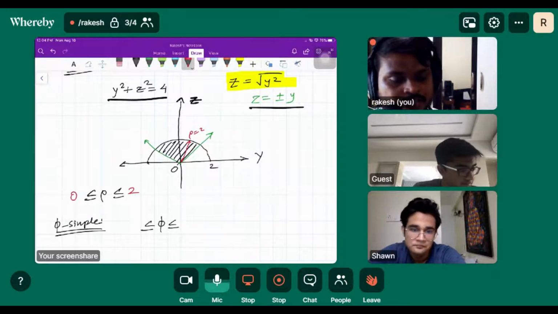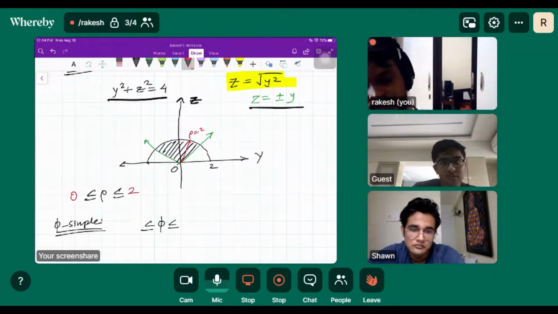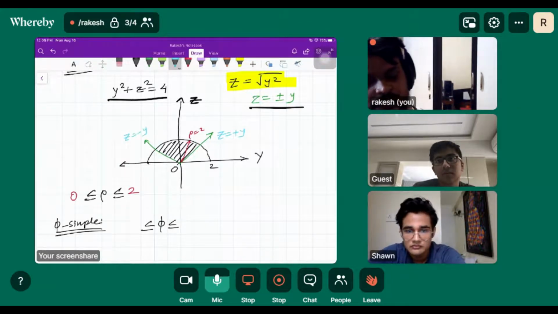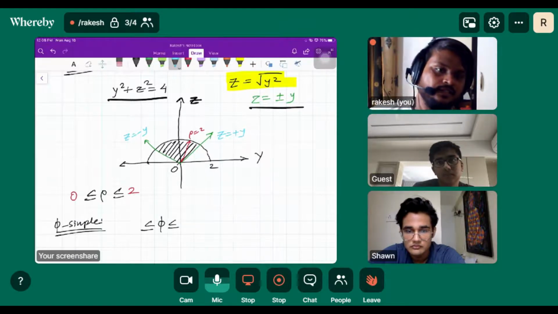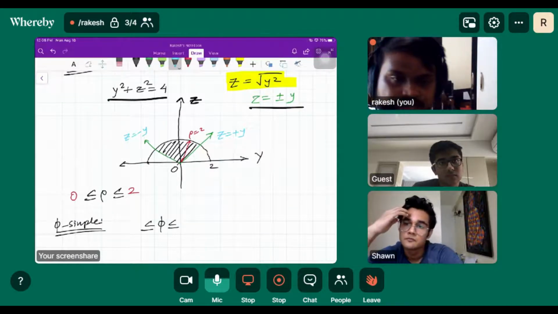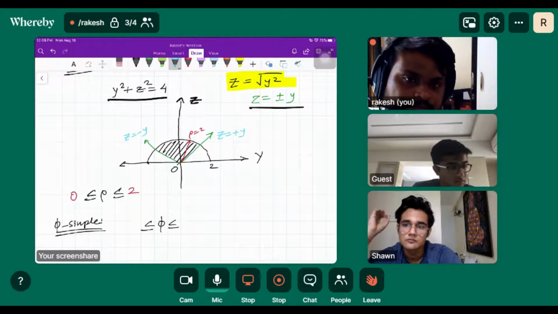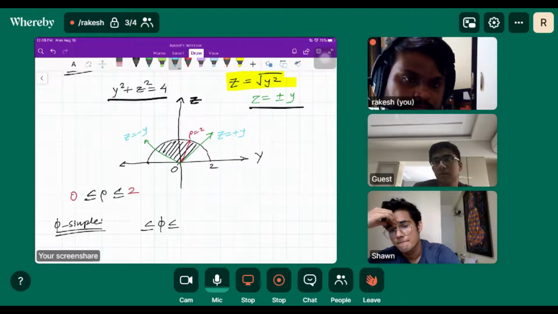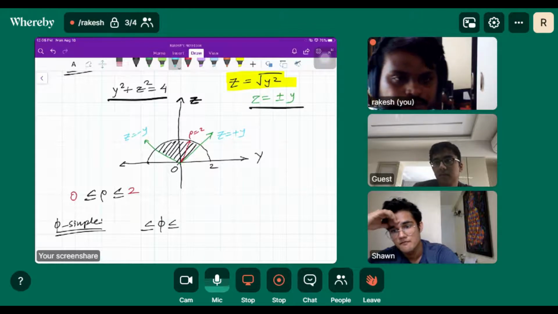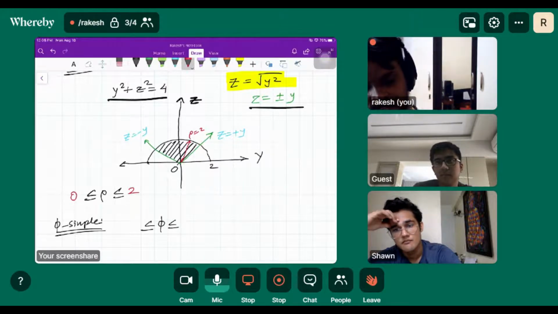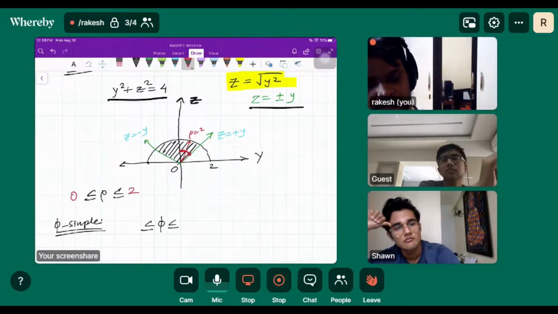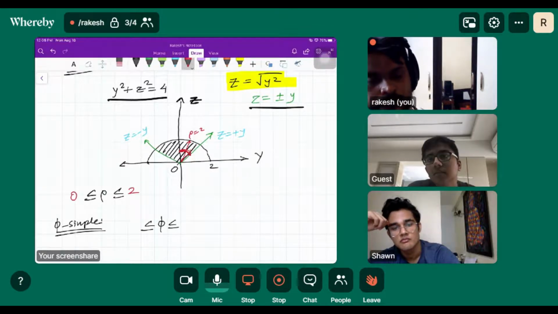Now what about phi? Manav, what about phi? Since the equation of this line is z is equal to plus y, and this is z is equal to minus y, what's the range of phi in this case? 0 to pi by 2. Are you sure? See, we need to find out this angle basically. 0 to what?